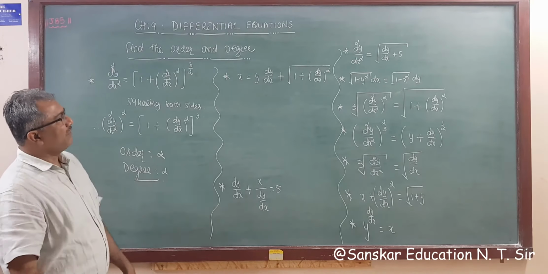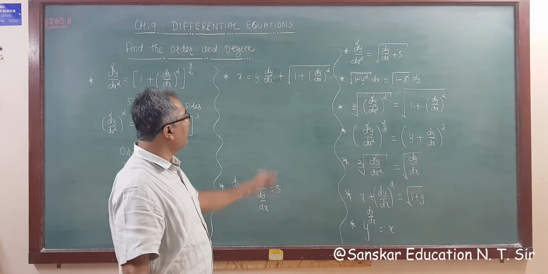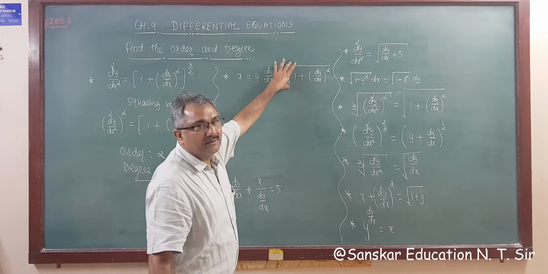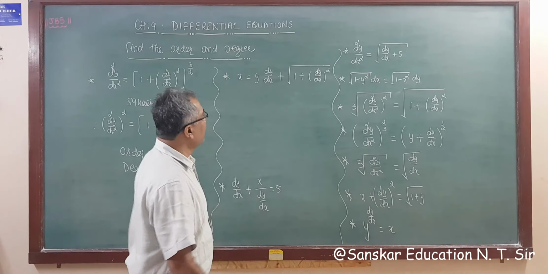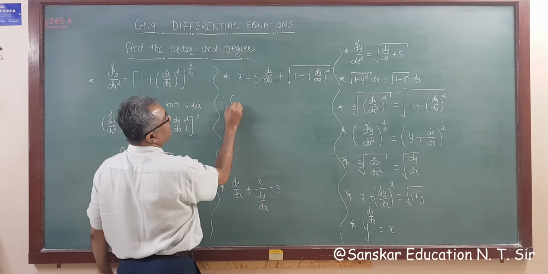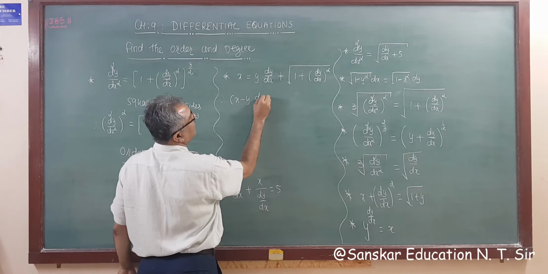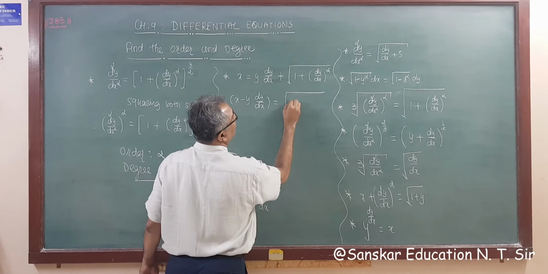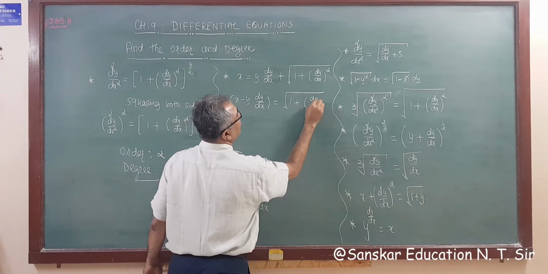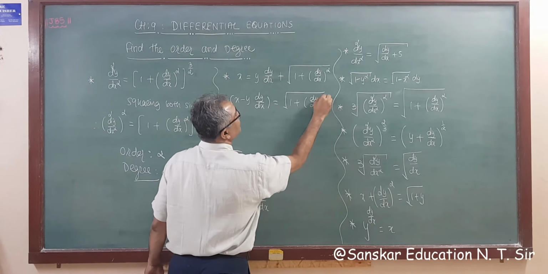Right? Now this question. Here this is a square root, not integers. Right? So if we take this to the left hand side, this becomes x minus y dy by dx is equal to square root of 1 plus dy by dx whole square.